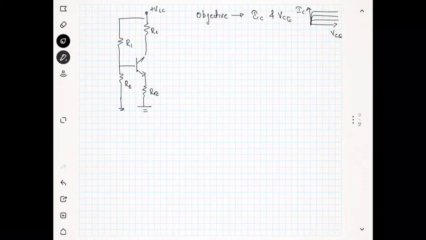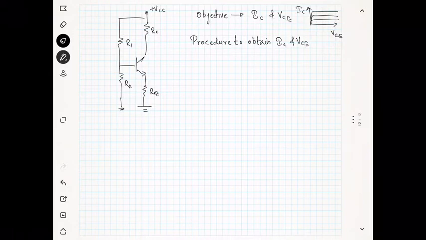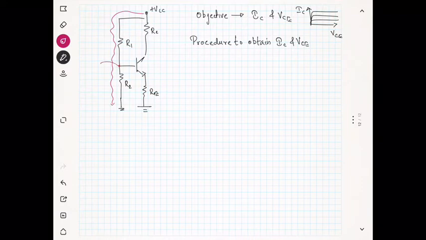So what is the procedure to obtain IC and VCE? First of all, we take this loop and obtain VB first.